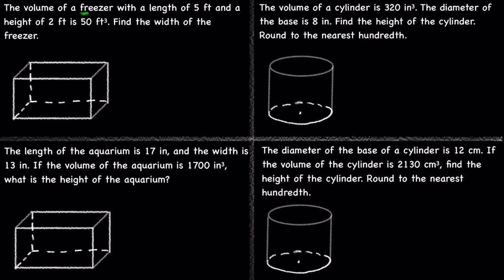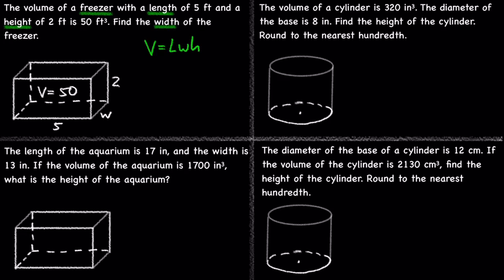The volume of a freezer with a length of 5 feet and a height of 2 feet is 50 cubic feet. Find the width of the freezer. The volume is LWH.